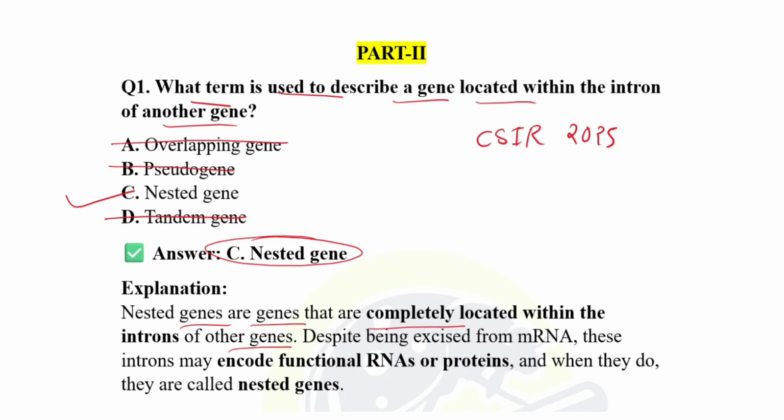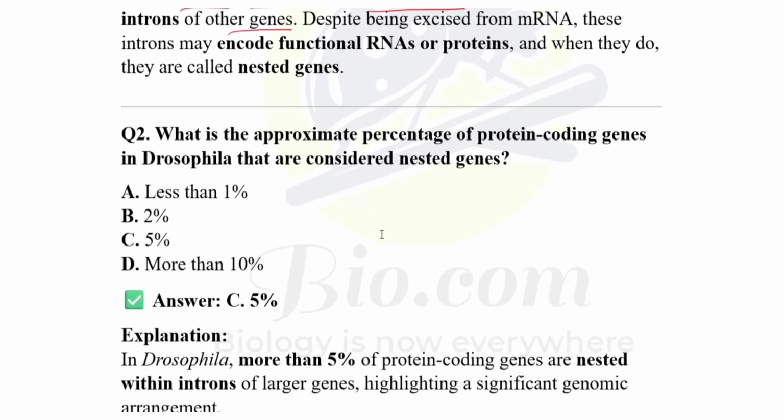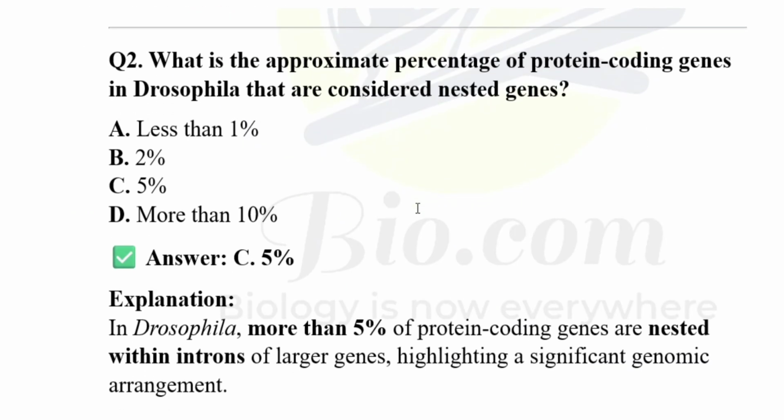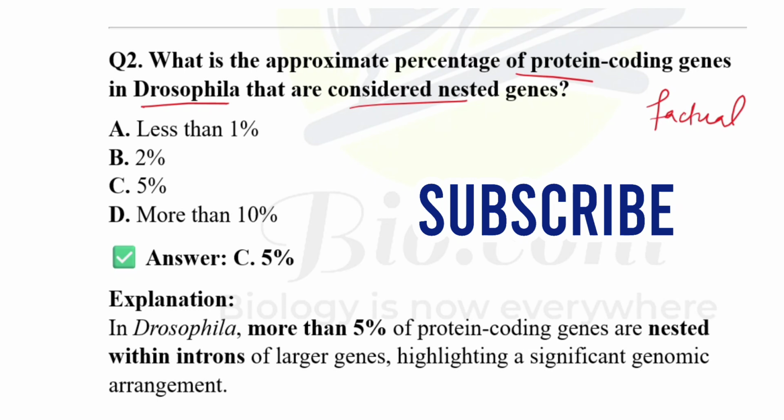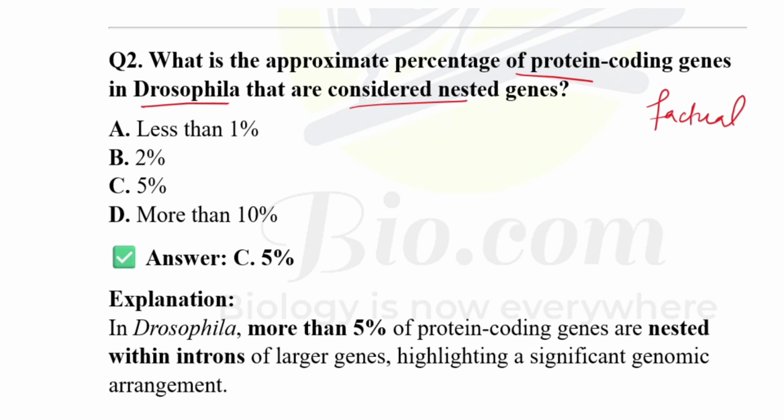So the second question is, what is the approximate percentage of protein coding genes in Drosophila that are considered nested genes? Again, this is a factual question taken from Cooper. Nested genes means these are within the introns of another gene.